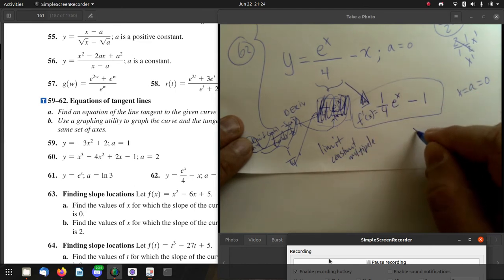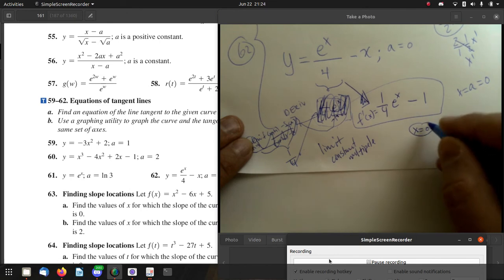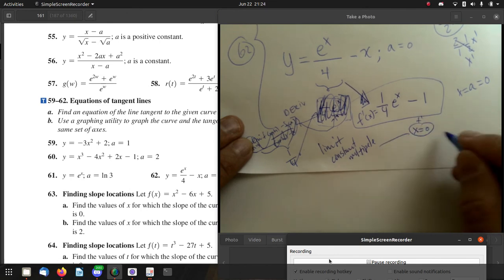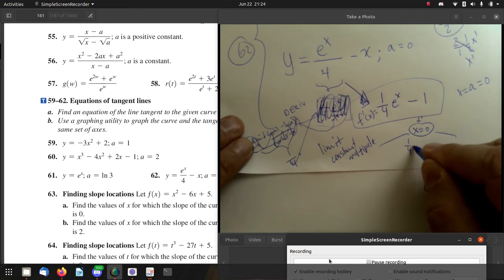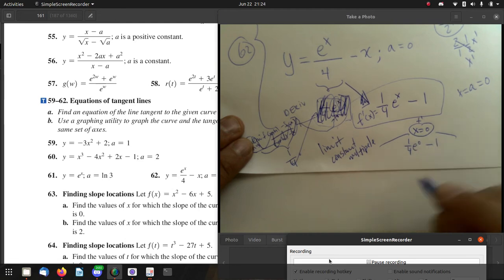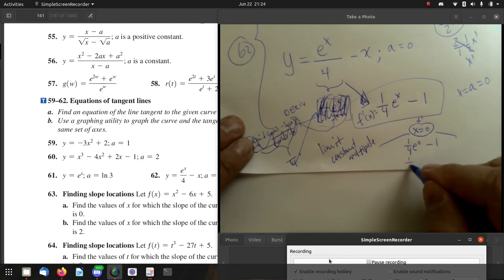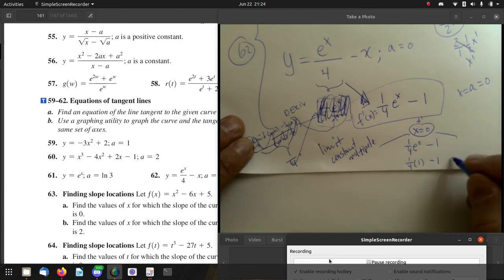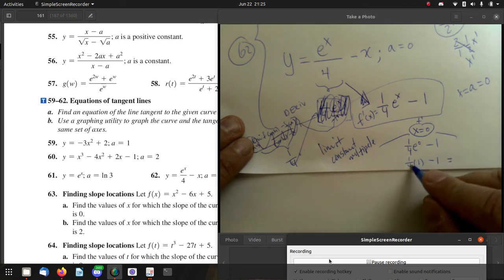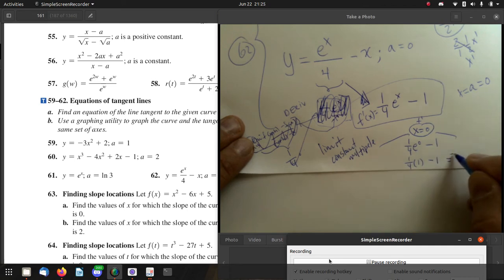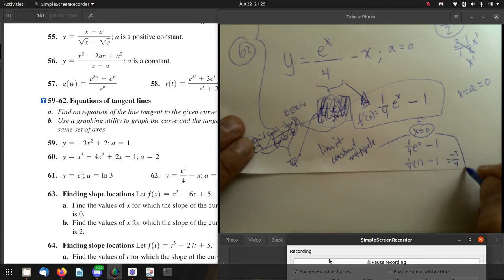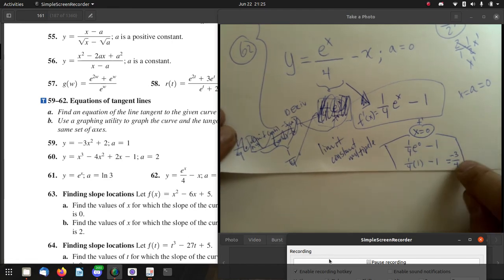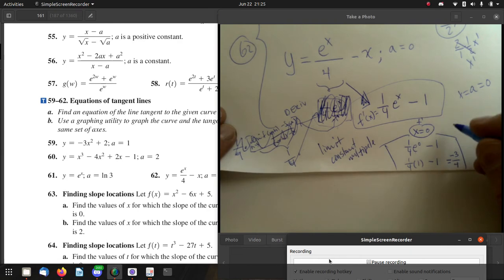Plugging in x equals 0 to f prime, we get 1/4 e to the 0 minus 1. Of course, any power to the 0 is 1, so this is 1/4 minus 1, which is negative 3/4. And so negative 3/4 is what we get at the point 0.